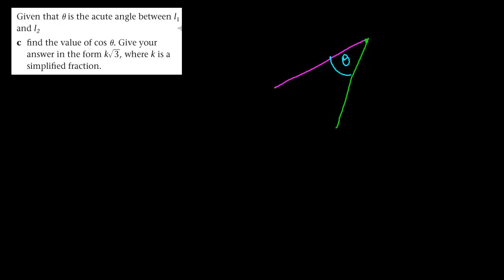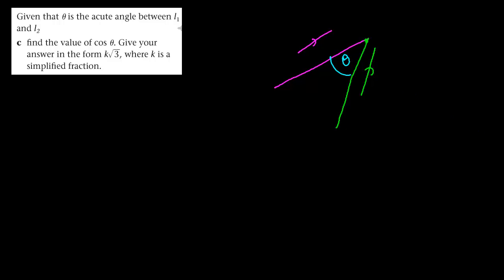The direction vector of the line L1 and the direction vector of L2, if you extend them, they're going to meet at a point, and by the rule of parallel lines they're going to be exactly the same as this. So finding the angle between these two lines is the same as finding the angle between the direction vectors.